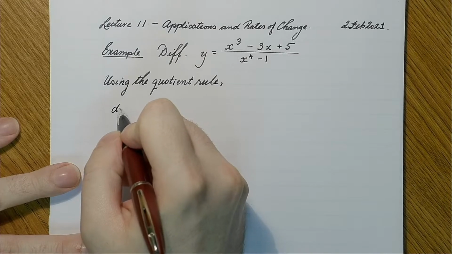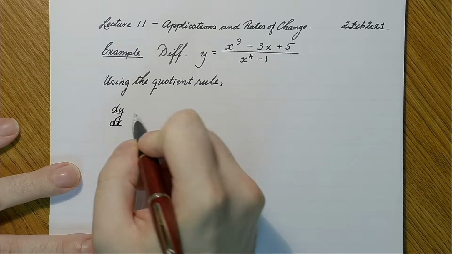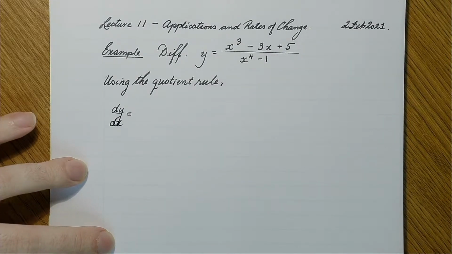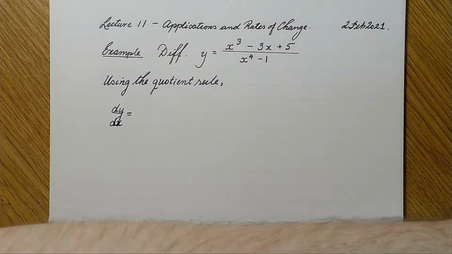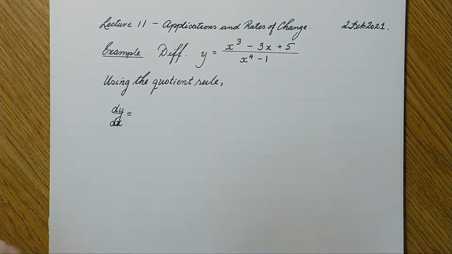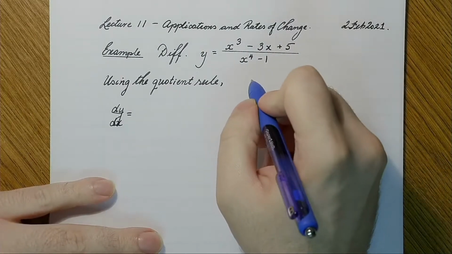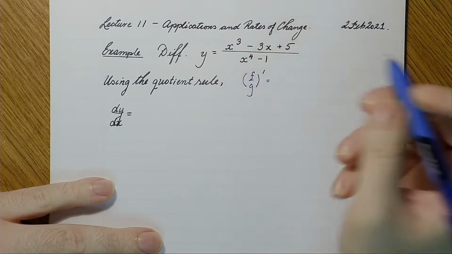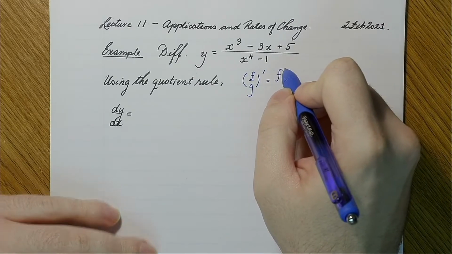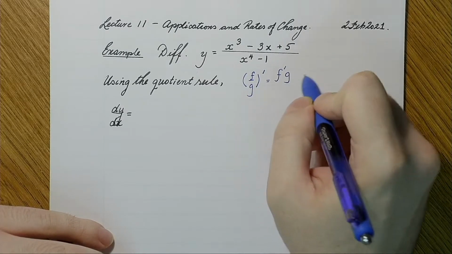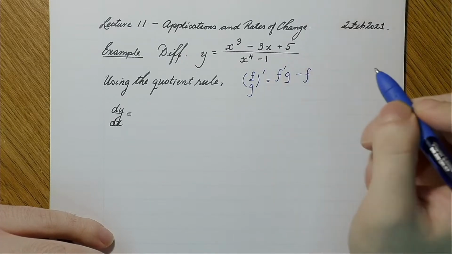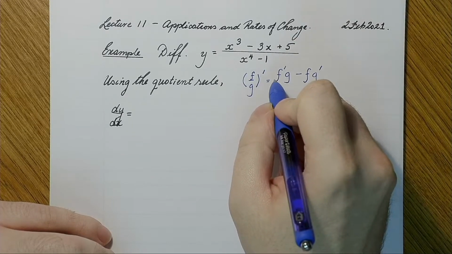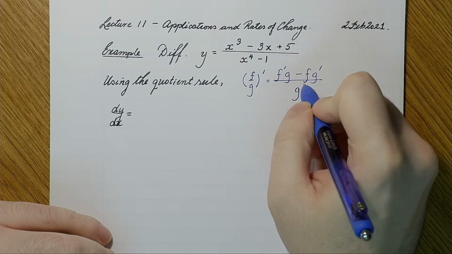The quotient rule, again, if we have f over g and we take the derivative of that: the derivative of the top function times the bottom function, minus the top function times the derivative of the bottom function, all over g squared.